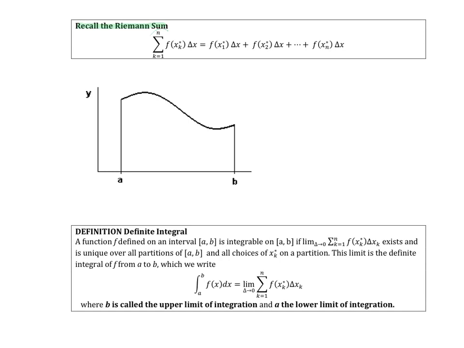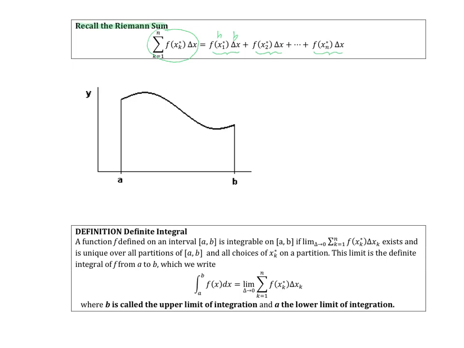We were summing or adding up the areas of rectangles. So remember, this would be the area of one rectangle, another rectangle, and so on. So we're adding up the area of these rectangles, where f of x would be the height, and delta x would be the base, or you can do a length times width.